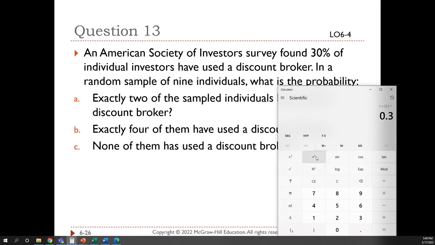To the 0 power. So if we look at 0, multiply by 0.7 raised to the 9th power, because 9 minus 0 again is 9. So if we want to say none of them have used the discount broker, that percentage is 0.0403, or about 4%.